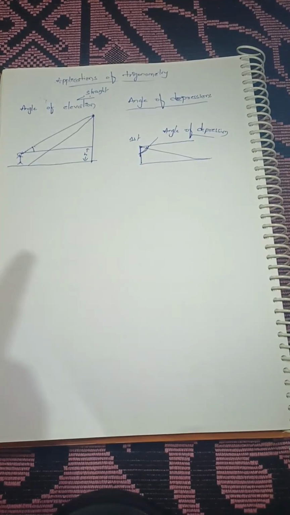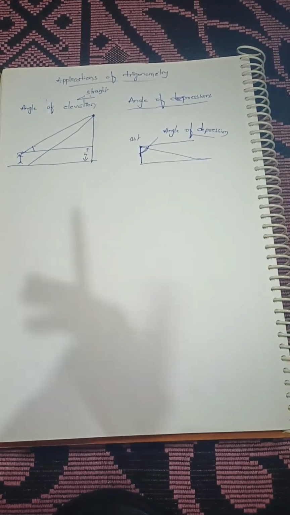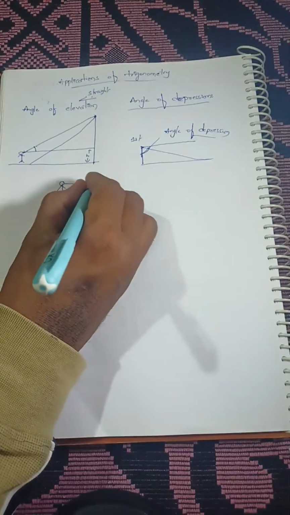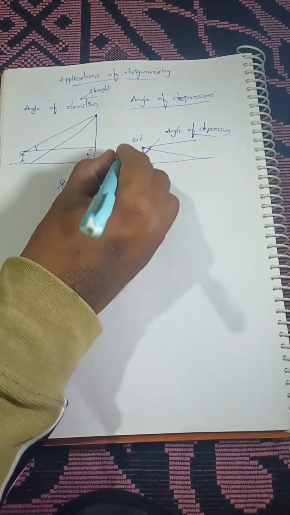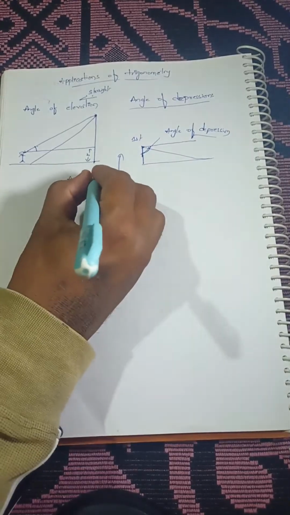Angle of elevation is formed when looking from a horizontal line towards upside, and angle of depression when looking from the horizontal line towards downside. If you are seeing with your naked eye straight, in the horizontal position, and the person looks towards upside, that is called angle of elevation.